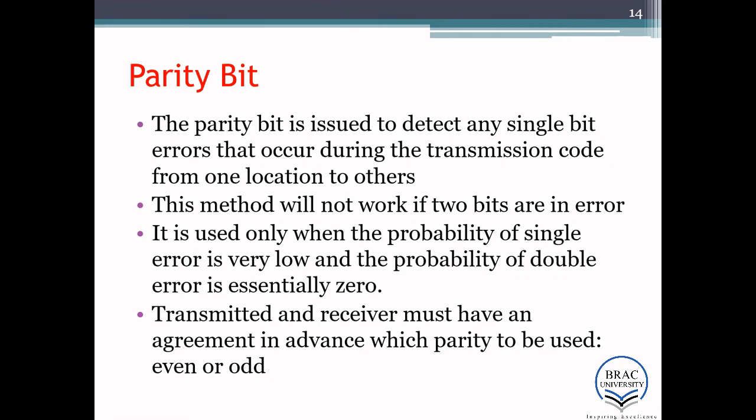The parity bit is used to detect any single bit errors that occur during the transmission of code from one location to another. The method will not work if two bits are in error. It is used only when the probability of a single error is very low and the probability of a double error is essentially zero. Transmitter and receiver must have an agreement in advance on which parity to be used, even or odd.